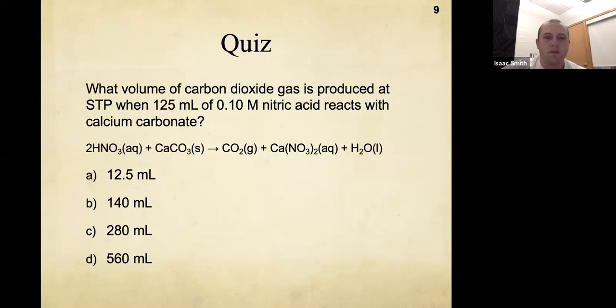Okay, so this says, what volume of carbon dioxide gas is produced at STP when 125 milliliters of 0.1 molar nitric acid reacts with calcium carbonate? All right, so now we're going back into stoichiometry.